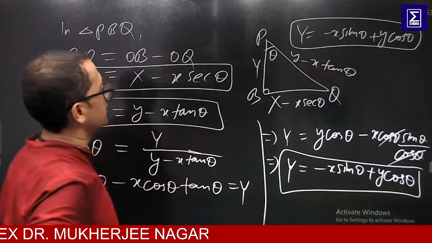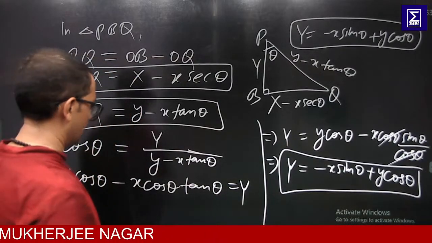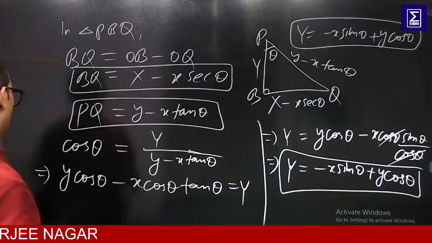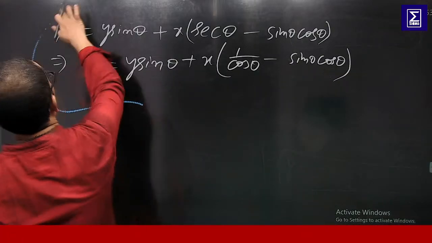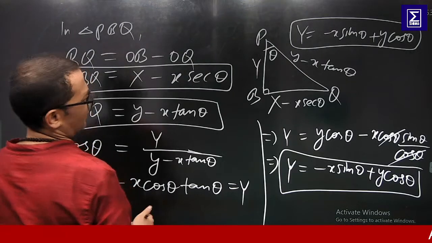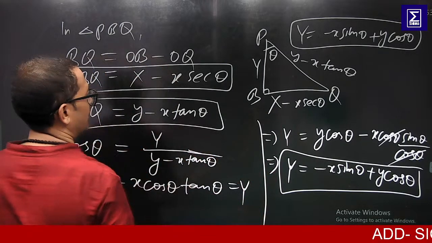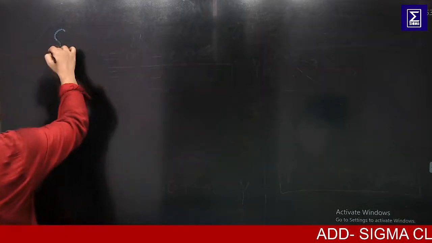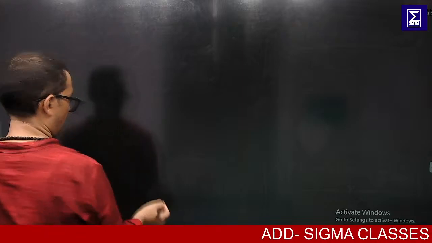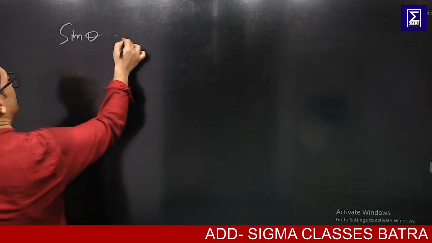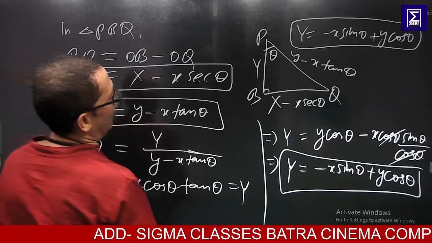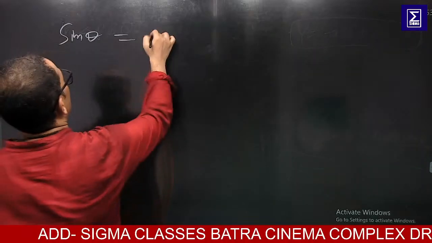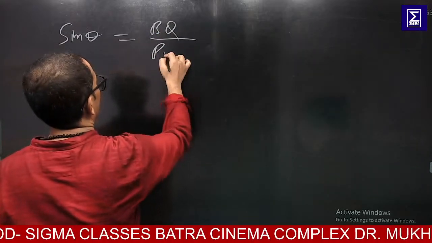Now as far as x is concerned, so moving to the next, sin theta is equal to bq upon pq.